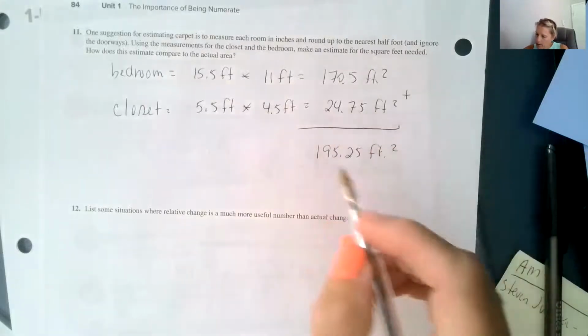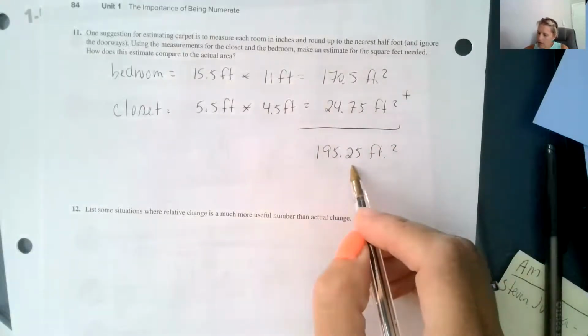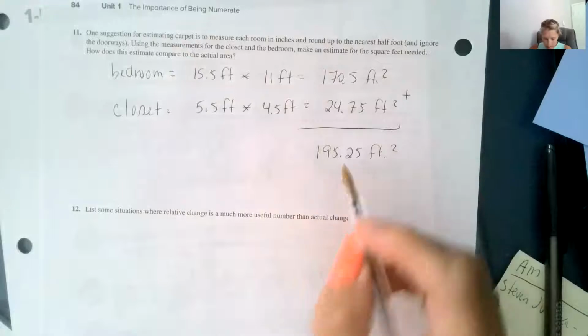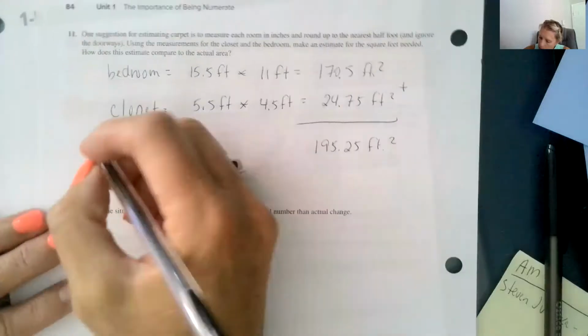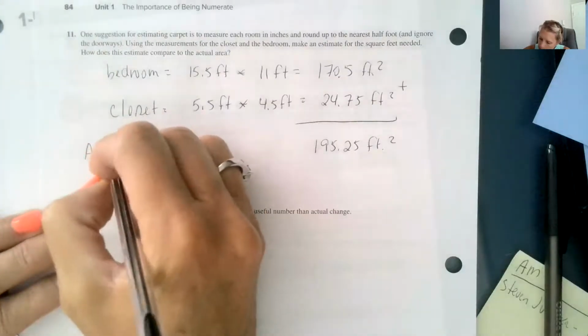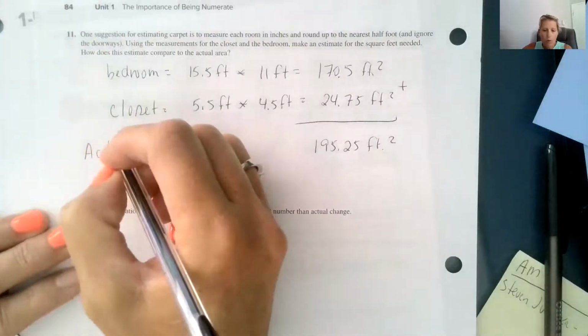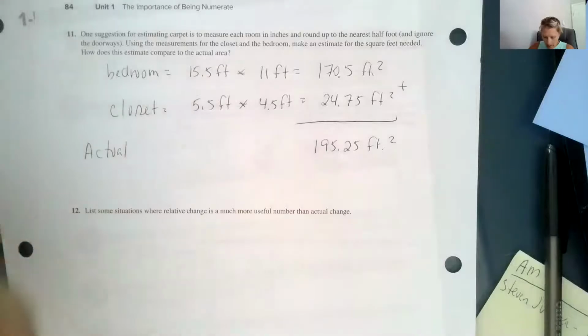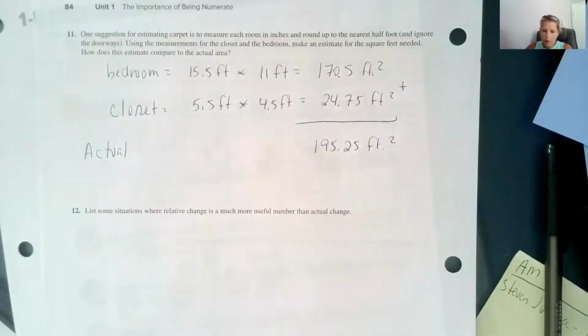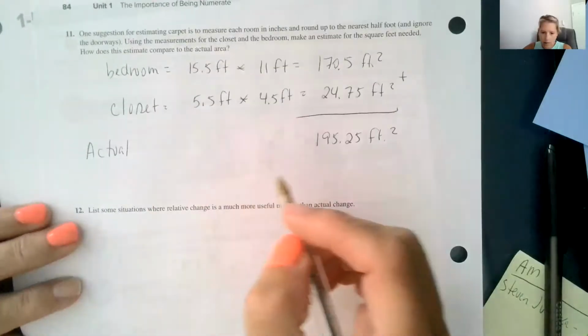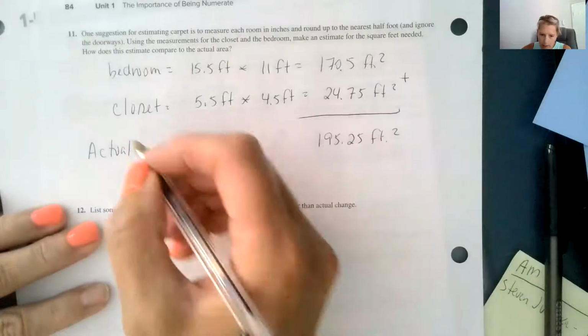So that estimate compared to the actual. The actual came out to be 20.58 yards squared.